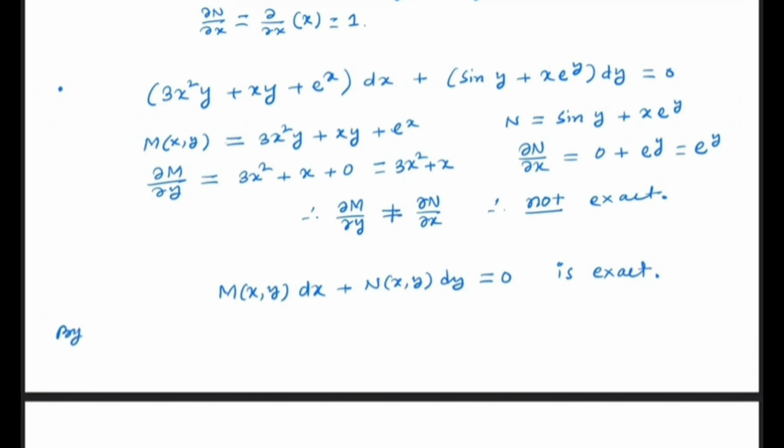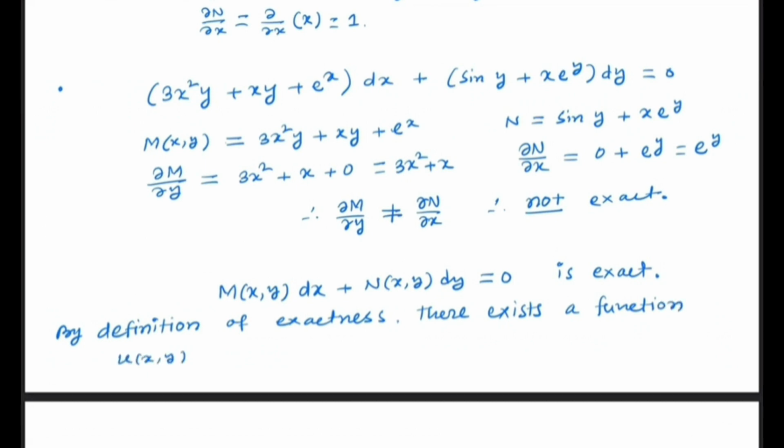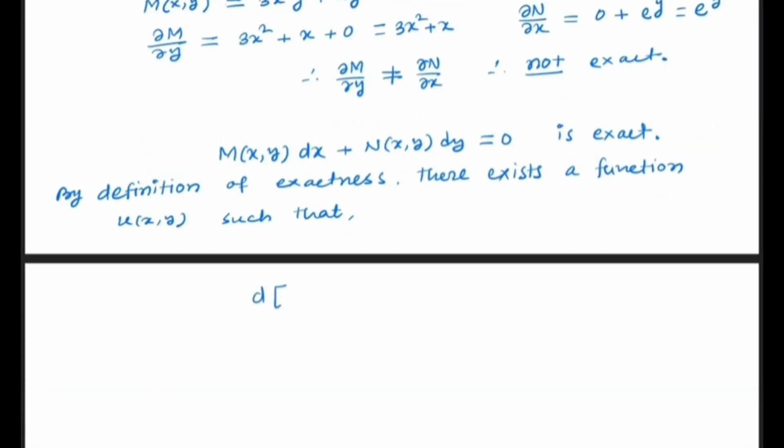Then by the definition of exactness, there exists a function u(x,y) such that du(x,y) = M(x,y) dx + N(x,y) dy, and it is 0, as given.